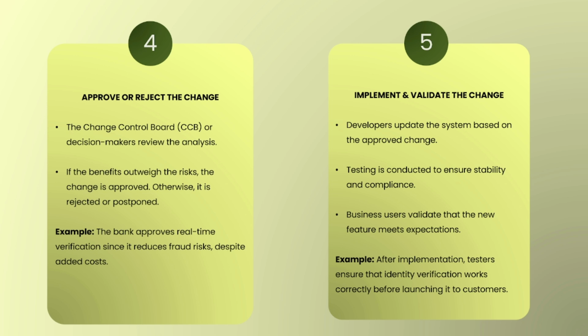After implementation, testers ensure that identity verification works correctly, and this is required before launching to the customer. The developers and QA teams work to deliver the exact solution the stakeholder required. In this way, we can say that the change request is processed.